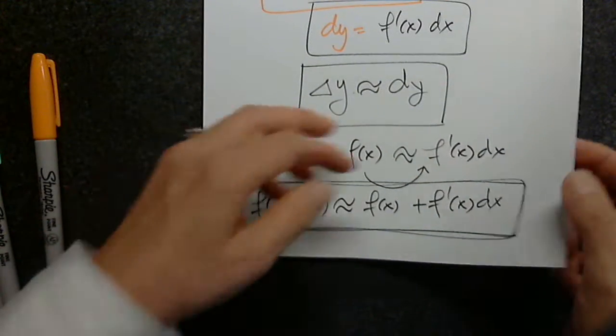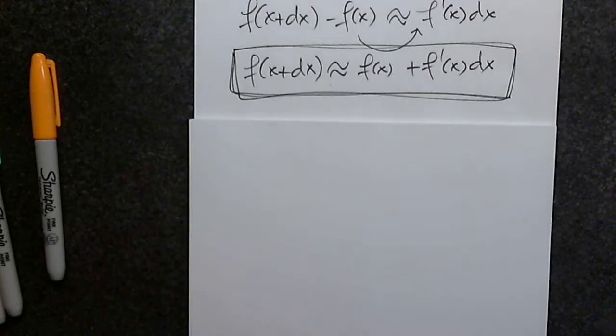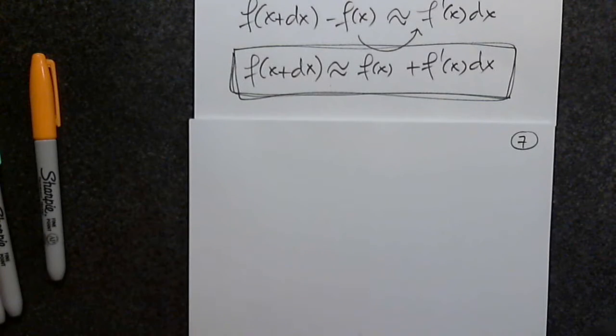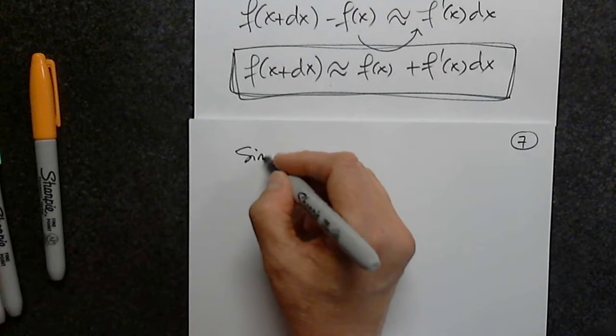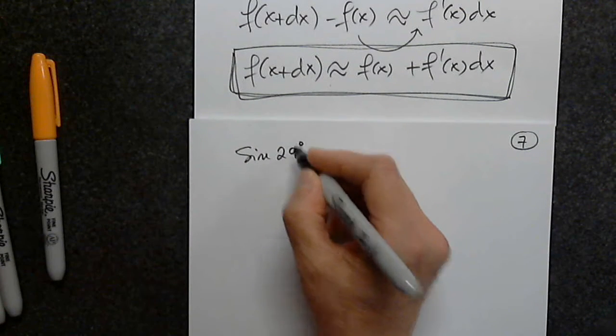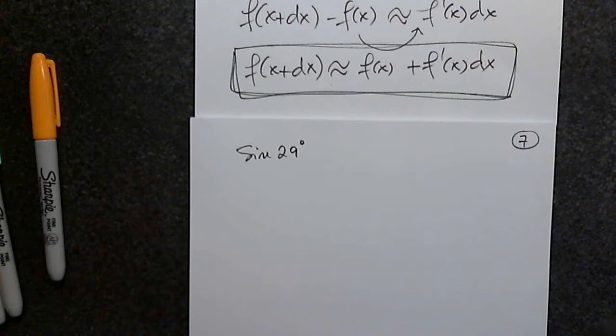Okay, so let's look at a problem like, let's suppose we want to determine sine 29 degrees. I have no idea. I know sine 30 is 0.5, but to give you an approximation of sine 29, I would have never even dreamt about.